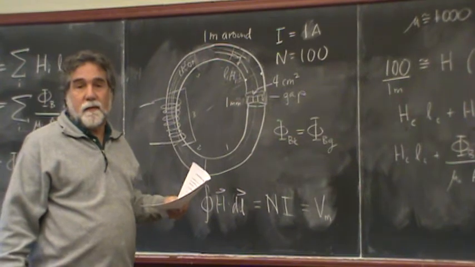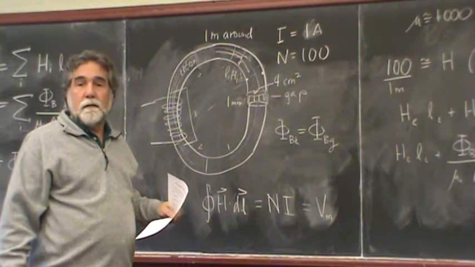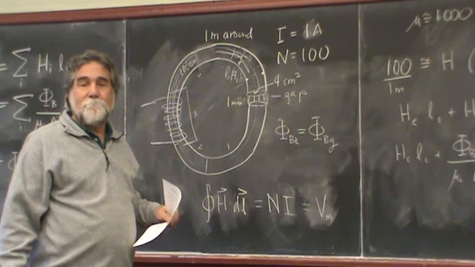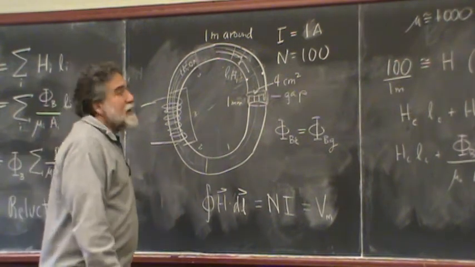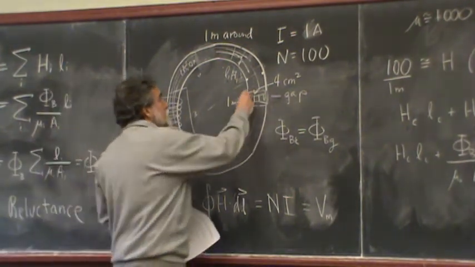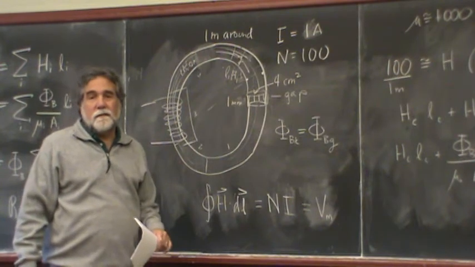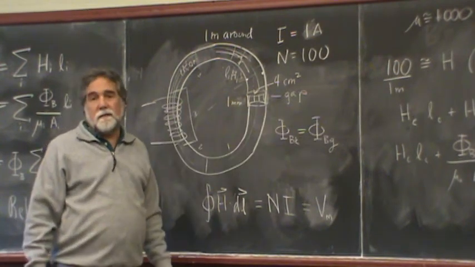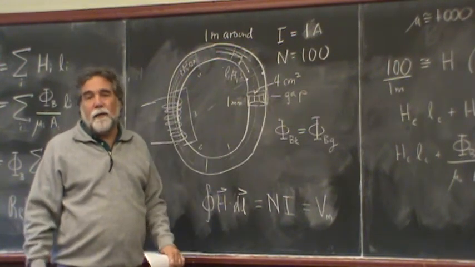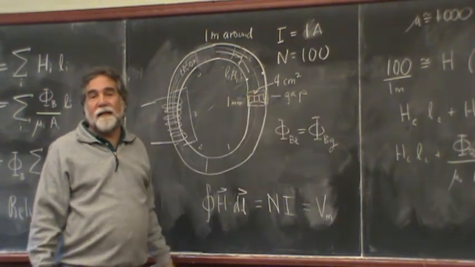Yes? If those A's are cross-sectional areas, is the cross-sectional area of the gap the same as that of the core? Yeah, so there's a cheat that the engineers do here, which is that, to first order, you say it's the same. But then they have a table that they look at, depending upon the ratio of the gap width to the diameter.